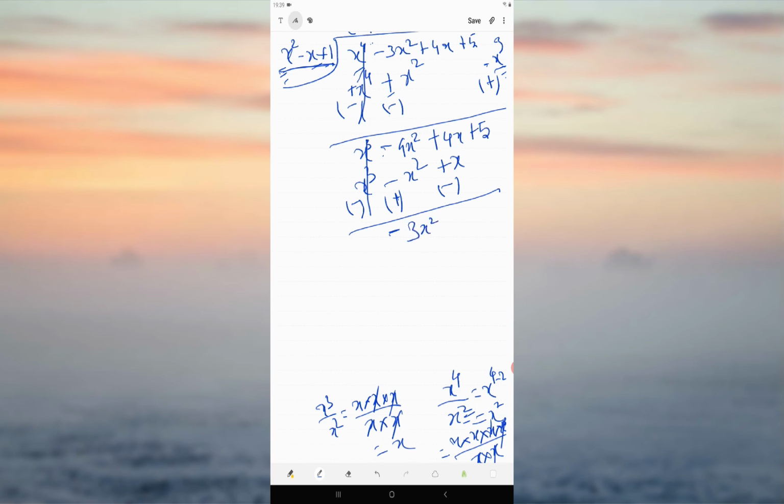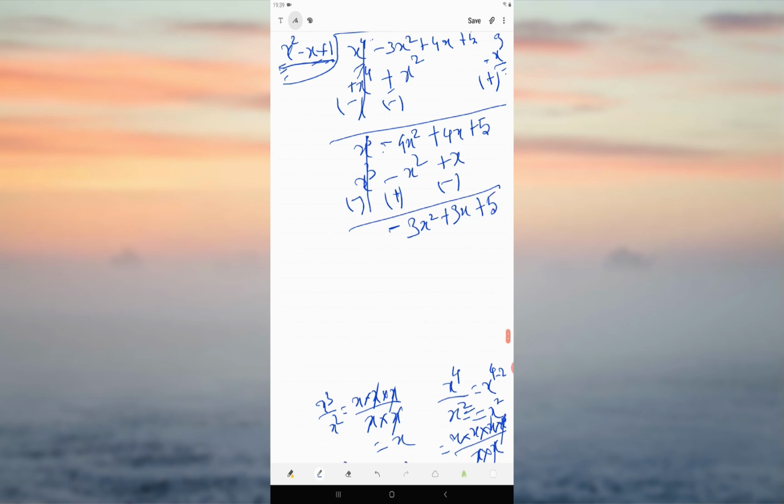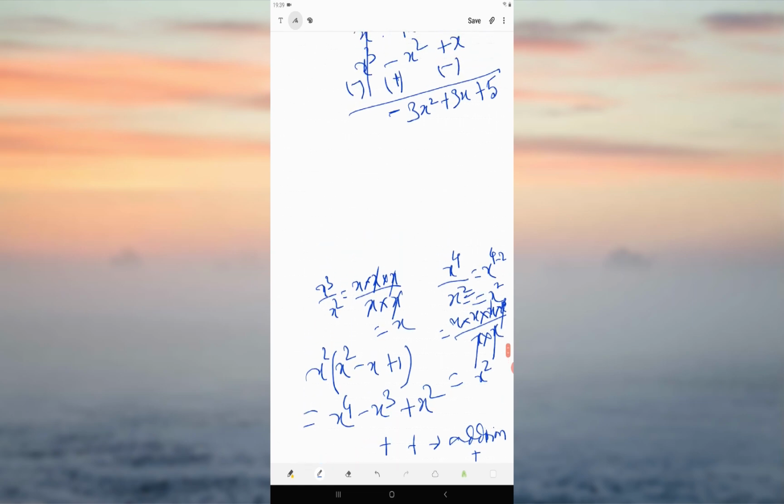Now 4x minus x, 4x minus x. So here plus minus, the sign of the biggest number is plus, and 4 minus 1 is 3, so 3x plus 5. Okay. Now we have minus 3x square.